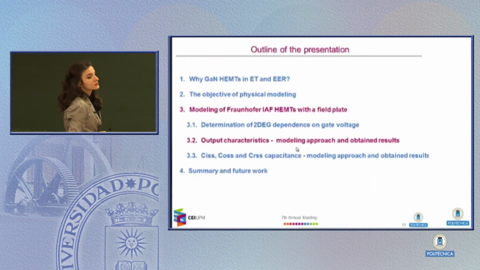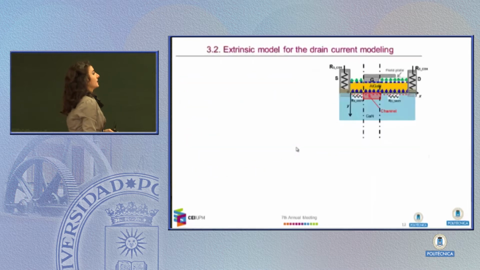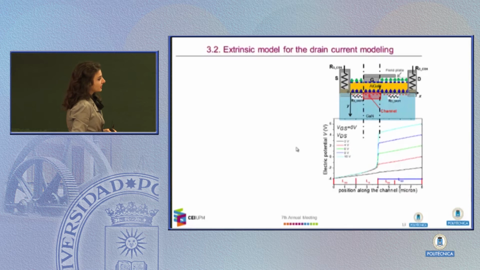Let's see now how we model the current. First of all, before we present the model for the drain current, it is necessary to point out that this is an extrinsic model, which means that contact resistances need to be taken into account, and also so-called drift resistances, which exist between the source and gate and the drain area. How did we manage to model this, and how did we even discover this?